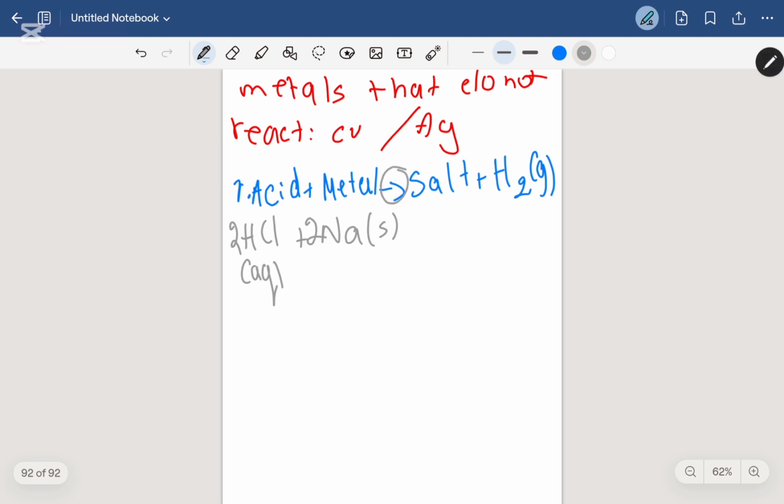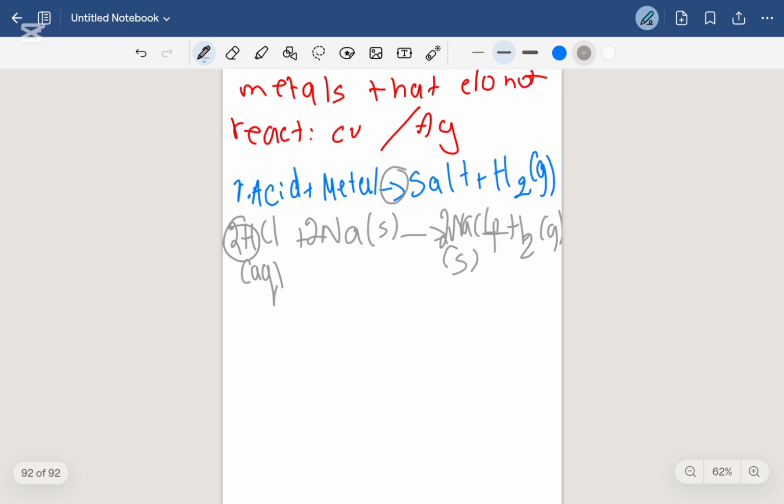This gives a full reaction to form a salt plus H2 gas. Now what exactly is the salt? If we remove H2 gas, then we are left with 2Na and 2Cl. So our salt is going to be 2NaCl solid. So our first example is acid plus metal gives us a salt plus H2 gas.